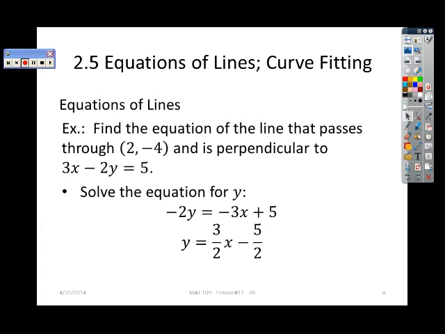Put it in the slope-intercept form, the y equals mx plus b form. Why do we need to do that? Why do we need to put this in this form? So we can determine what the value of m is. Why does this help me determine that?